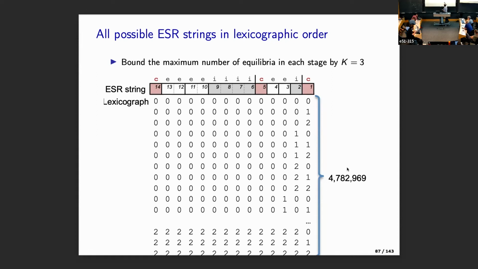And the task is now to search for those strings which make sense. In which sense? Which index the equilibria that you would actually encounter in the solving of the stages. But the point here is that it's very easy to write all of them, which means that we will find all of them if we just go one by one through this list.